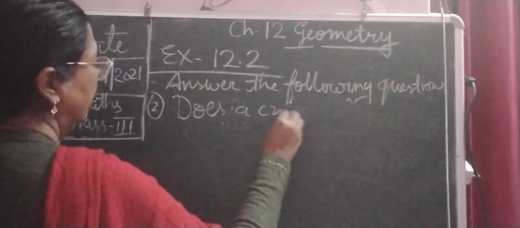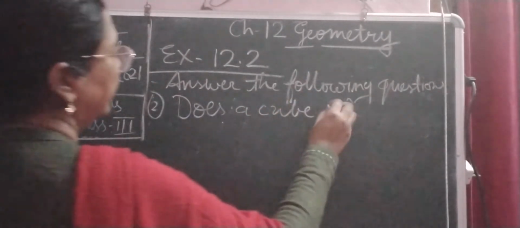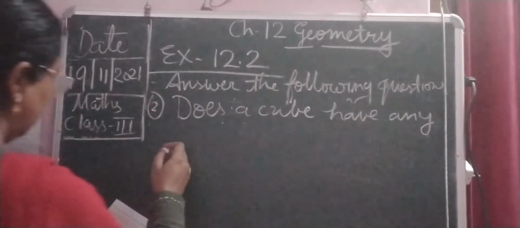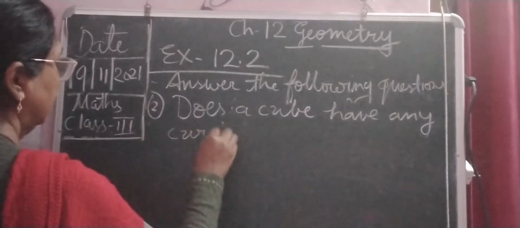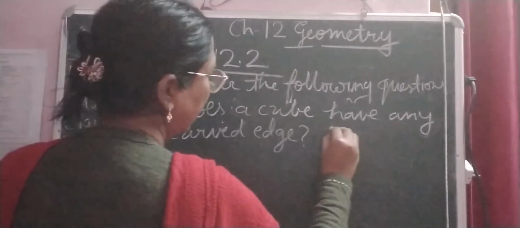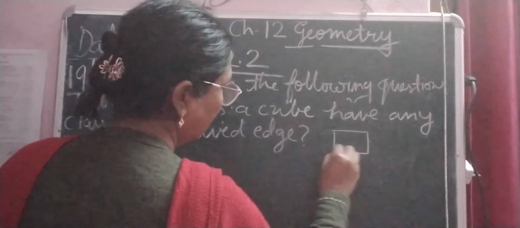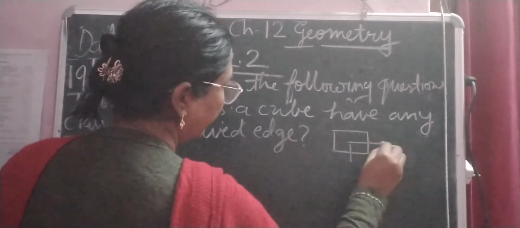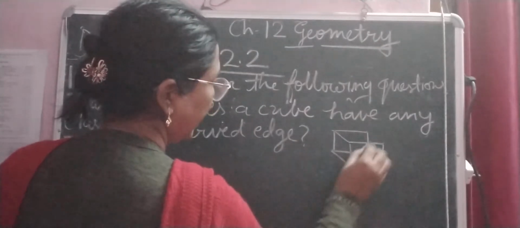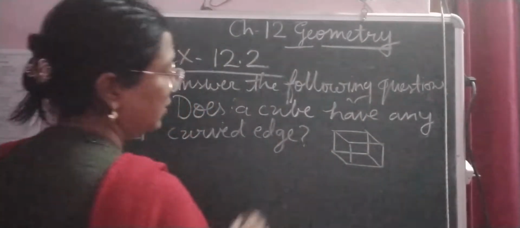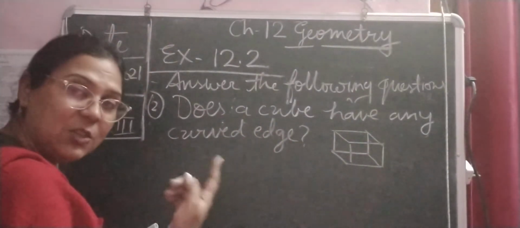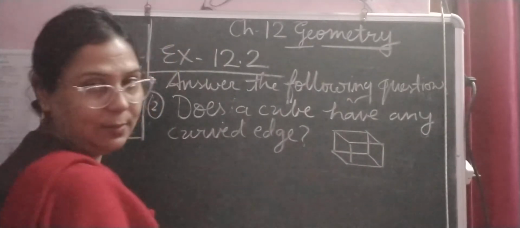As you all know, children, the cube is in the shape of a square, and a square, as you know, has all sides equal.